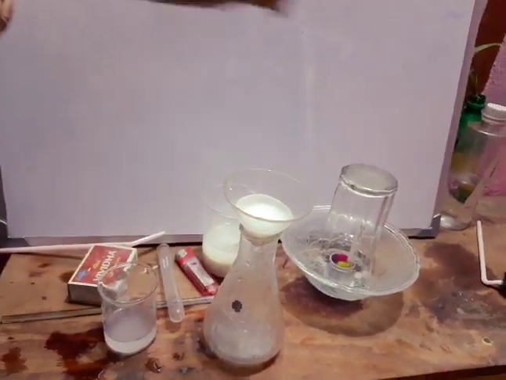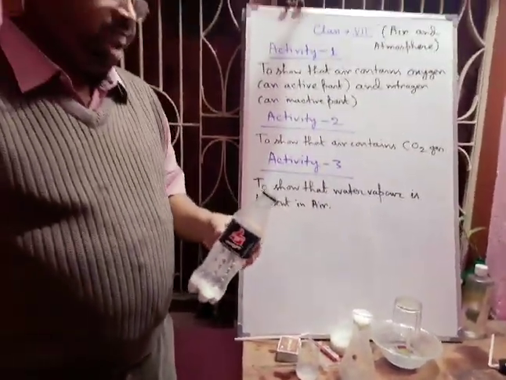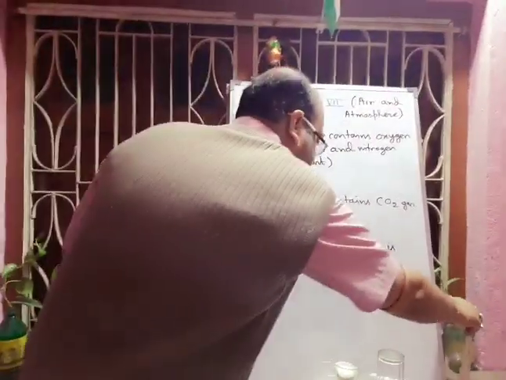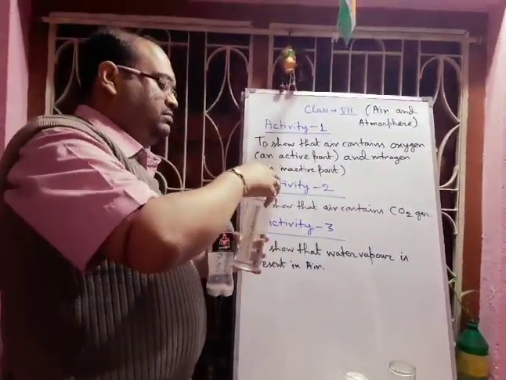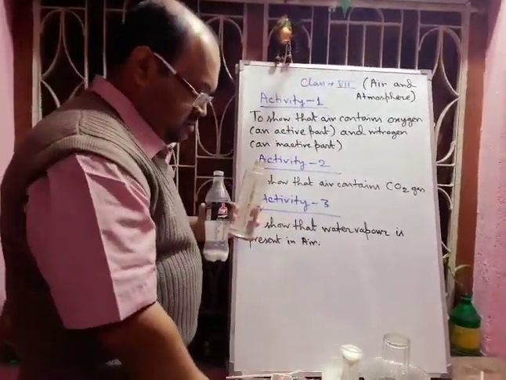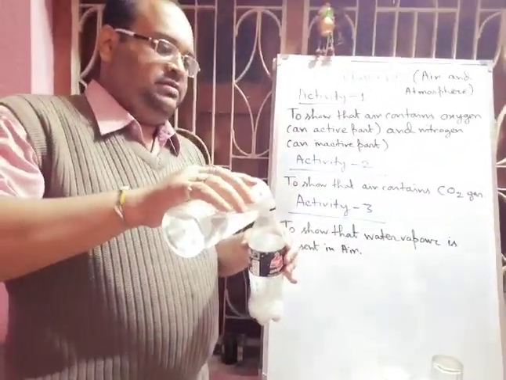Now what we will do, we will take some washing soda, sodium carbonate. Here, if I add some acid, so this is what? This is vinegar. So now see the reaction.